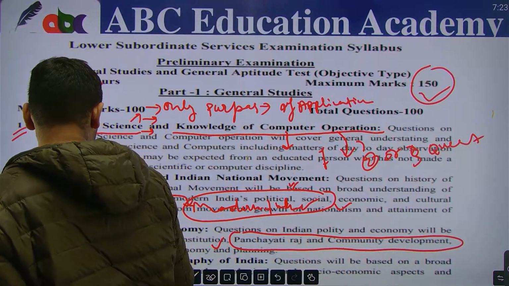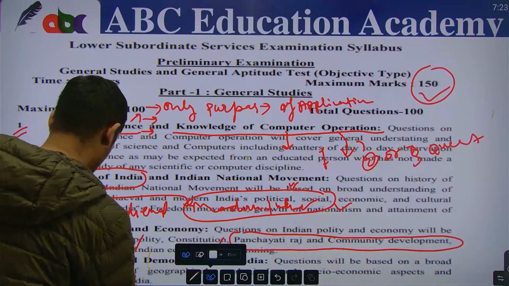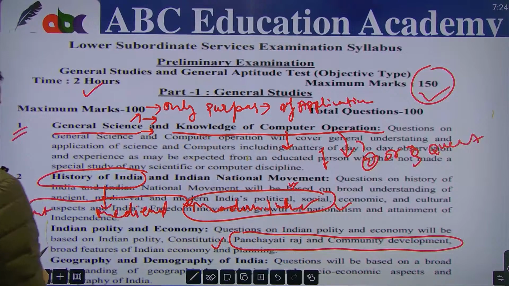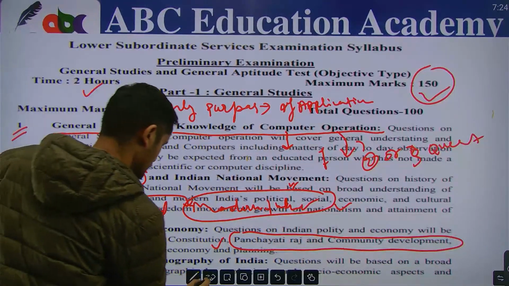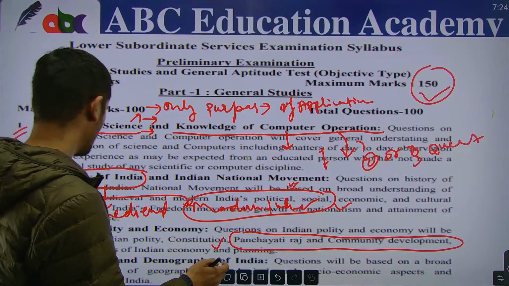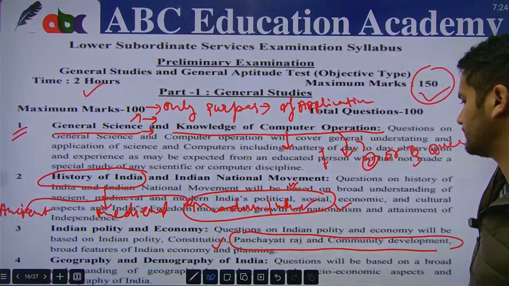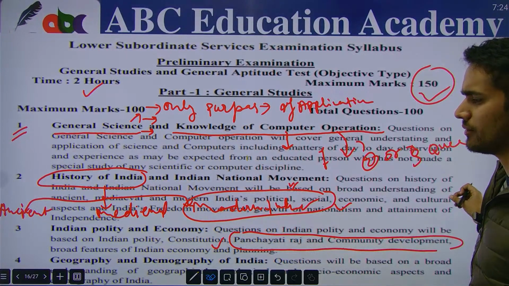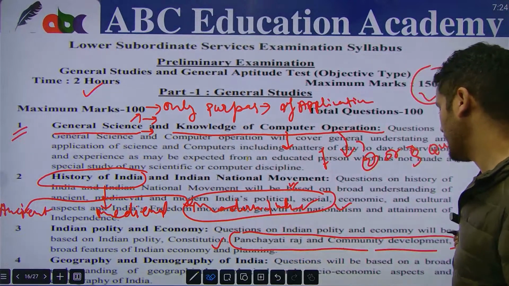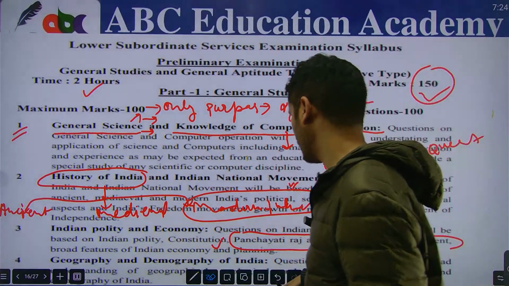From geography and demography of India, you have to go through the basic understanding of geography and concepts, and questions will be asked from the socio-economic aspects of the geography of India.